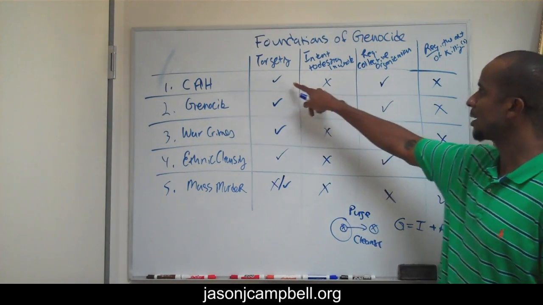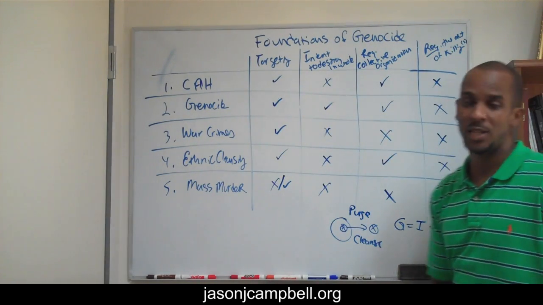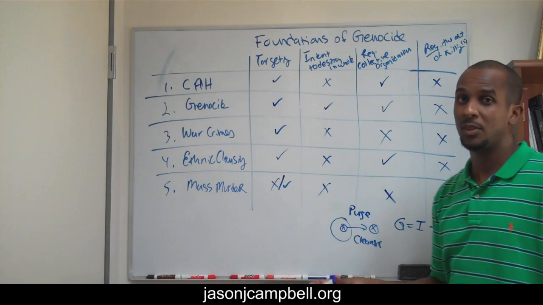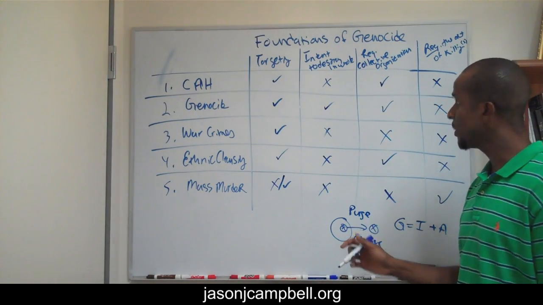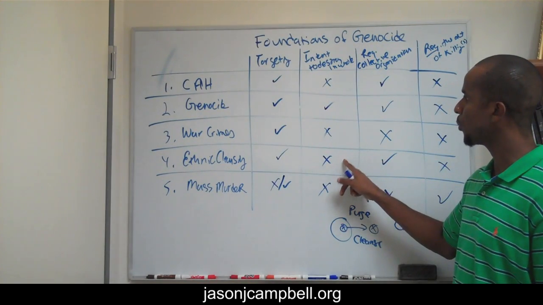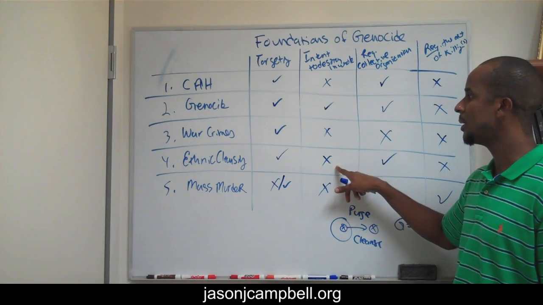When we're talking about ethnic cleansing and crimes against humanity, it seems as though, Dr. Campbell, you're saying exactly the same thing. And I'm not saying exactly the same thing because with respect to intent, I could classify this intent differently.